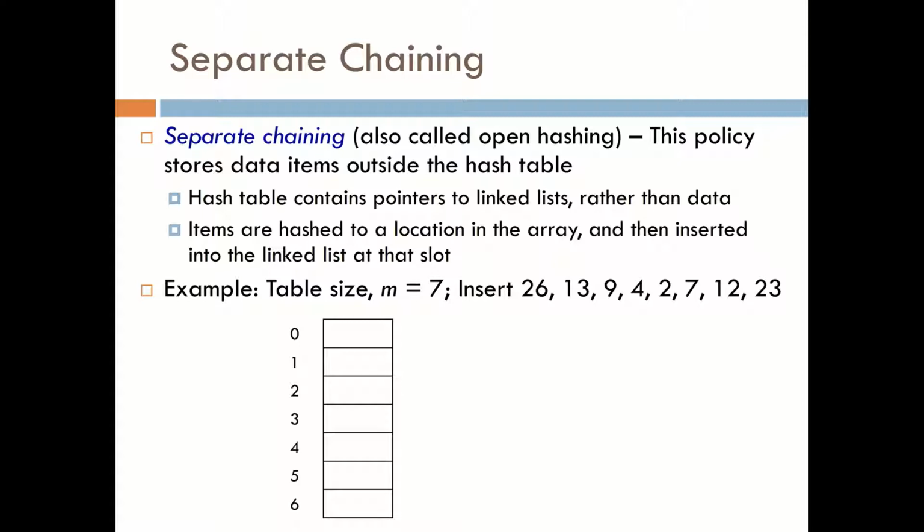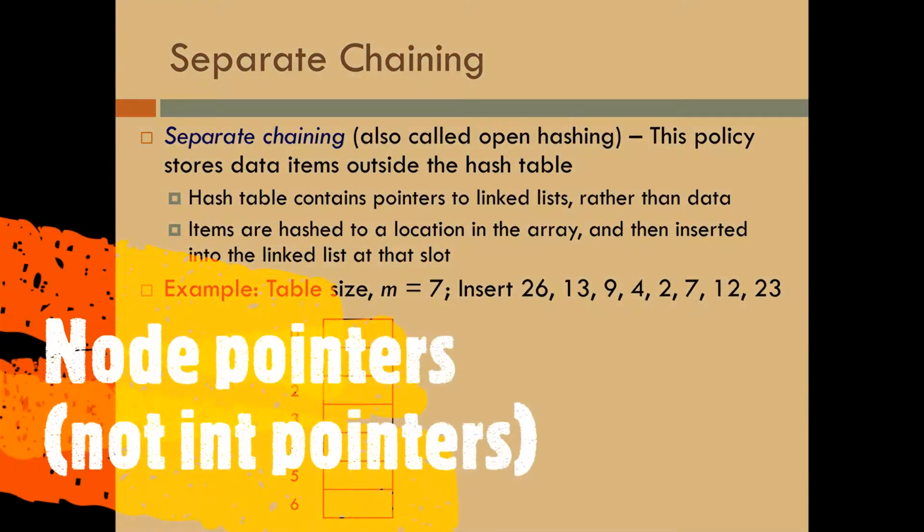So the hash table contains pointers to linked lists, rather than the data itself. So if I was declaring a particular hash table, I would declare a table of, let's say, int pointers rather than actually ints.